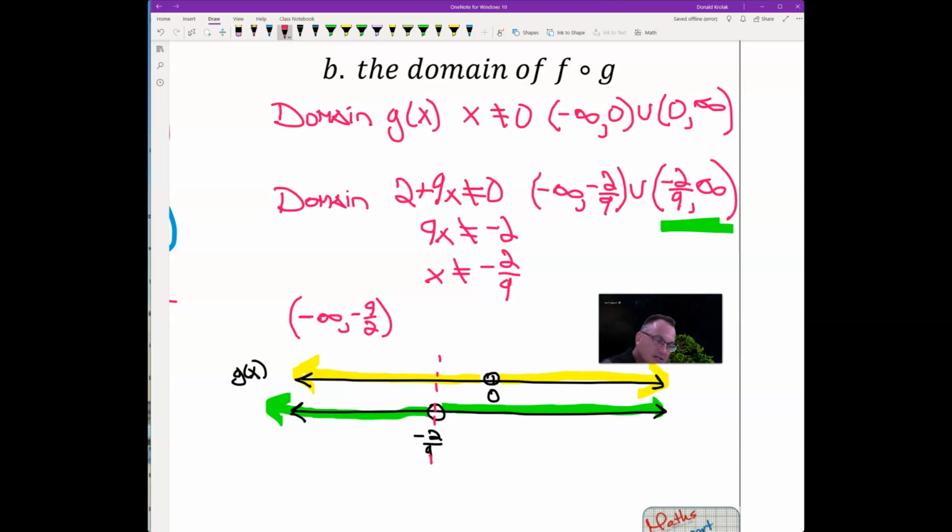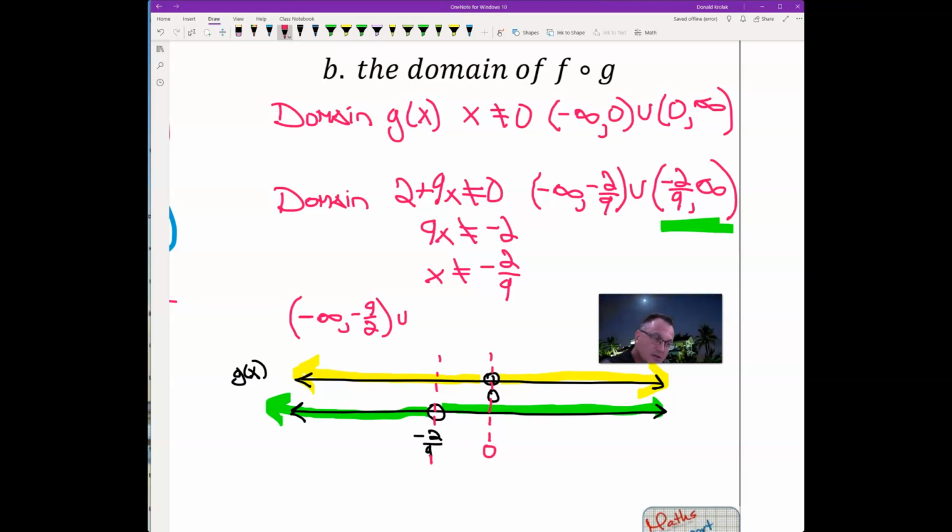All right, now as soon as I leave negative 9 over 2, oh, they're both colored again. Green and yellow, green and yellow, green and yellow, yellow, no yellow, but green. So this cannot be in the domain. So anything in between these two numbers is both yellow and green.